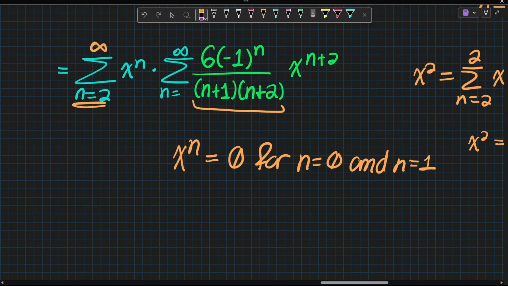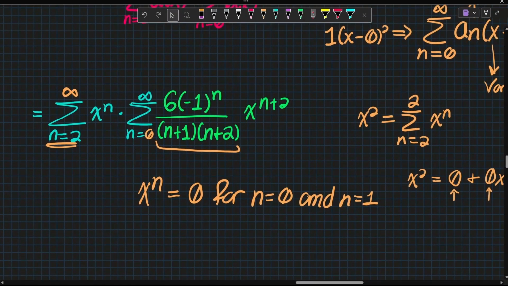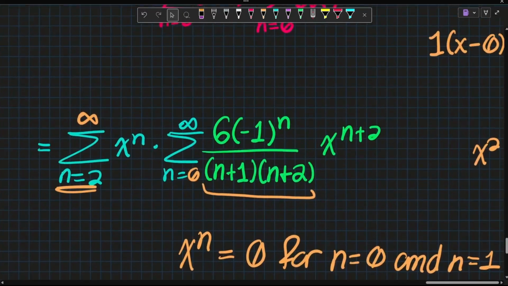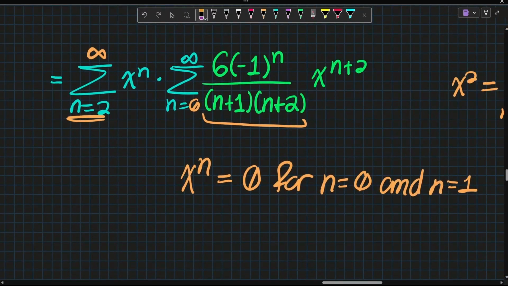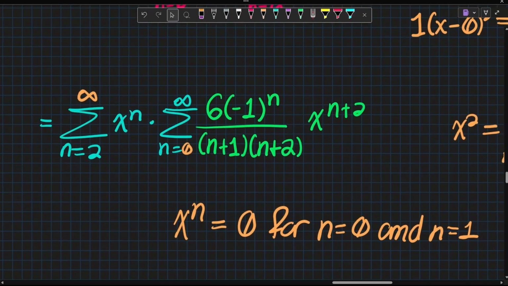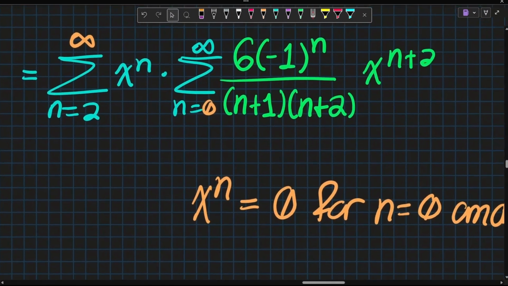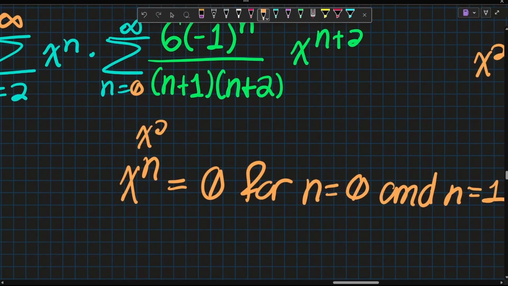Let's see here. So if we want to adjust the bounds, all right, so if you understood up until here, this all makes sense. Now for this, let me just say it one more time, just for clarity. Again, this x to the n is modeling, or attempting to model, the function x squared, right?